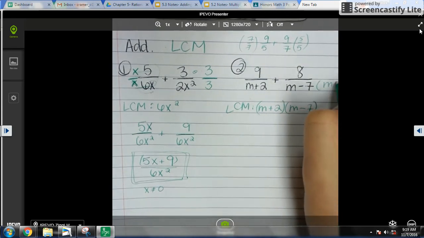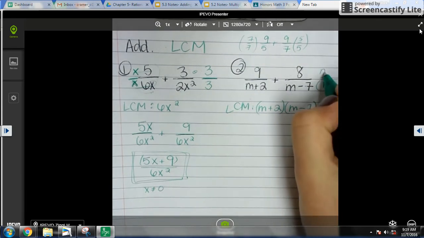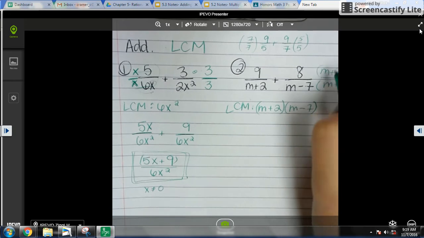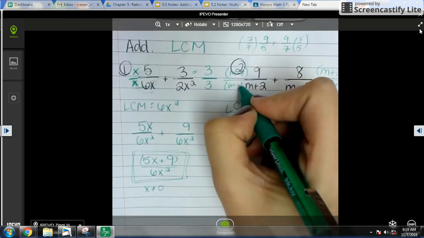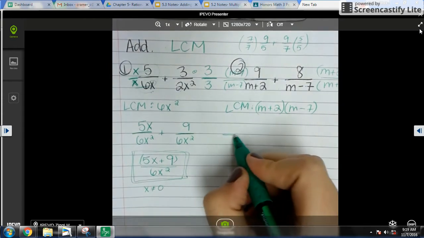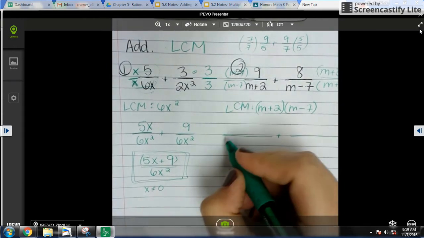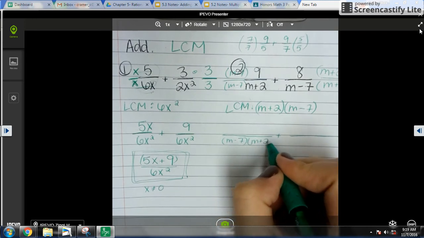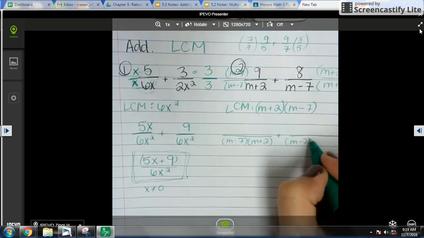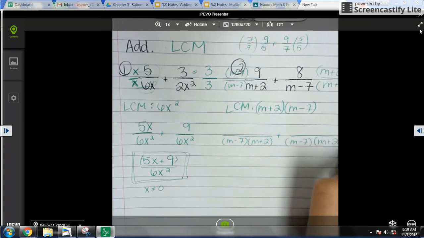So over here, we're going to multiply by m plus 2 on top and bottom. And over here, we're going to multiply by m minus 7 on top and bottom. So our denominator is going to be our least common multiple of m minus 7, m plus 2. It doesn't matter what order it is in.